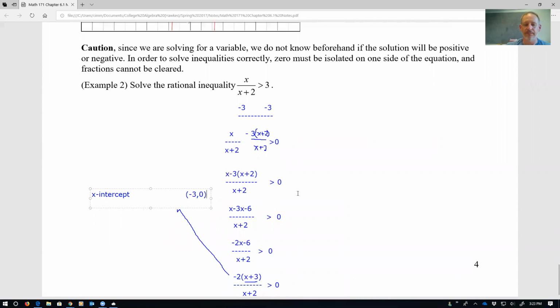All right. Looking at the denominator, if x plus 2 is equal to 0, that's going to be a vertical asymptote. So x equals negative 2 is a vertical asymptote.